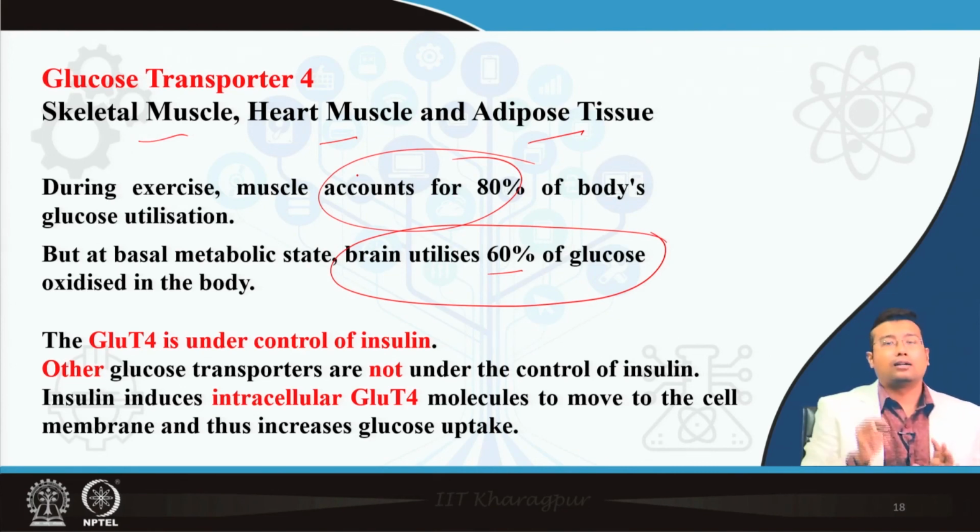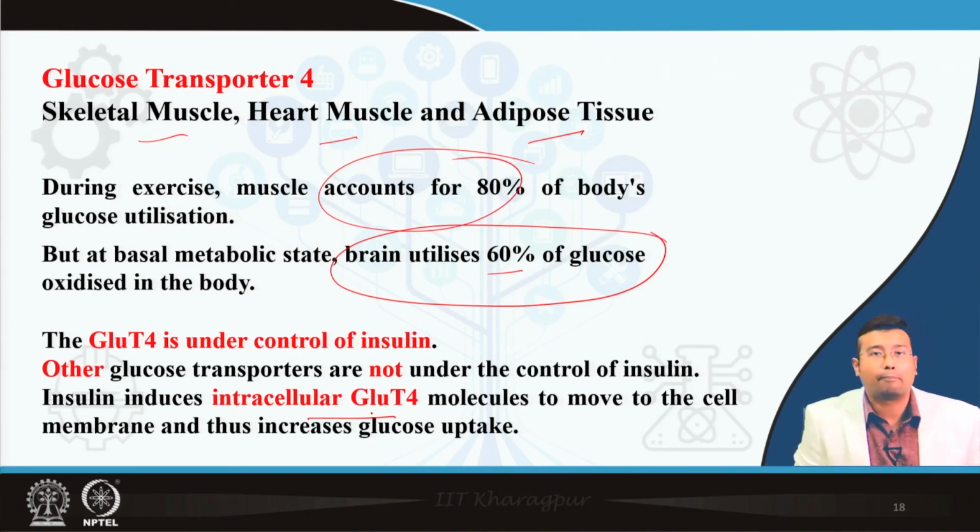GLUT4 is under control of insulin, whereas all other glucose transporters are not. This is again a very important multiple choice question, a very important concept in understanding how insulin can regulate blood glucose, because it induces intracellular GLUT4 molecules to move across the cell membrane and thus increase glucose uptake.